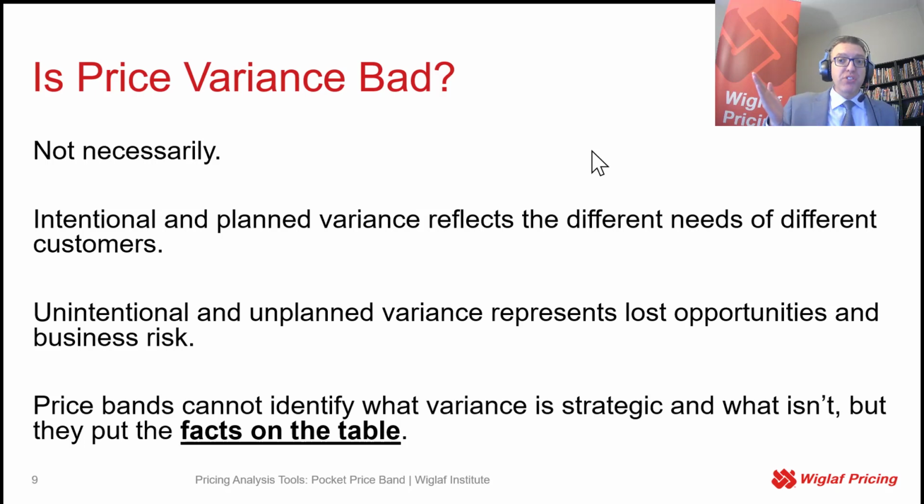So if your price variance is due to an intentional strategy, something planned, then it means that you're following your corporate strategy, your pricing strategy, so everything's all good. If on the other hand, you have a bunch of unintentional, unplanned price variance, and in some cases you don't even know why this customer received such a very, very low price.